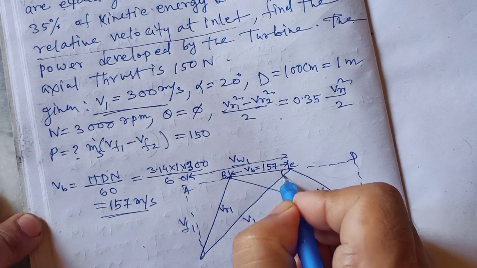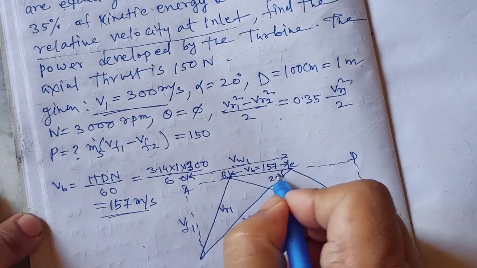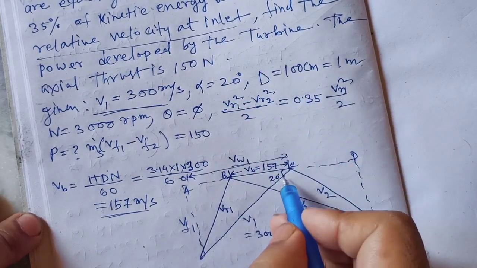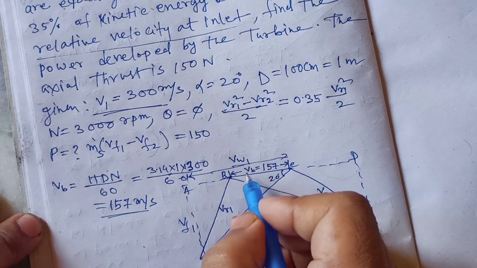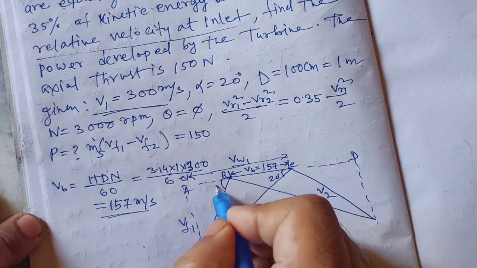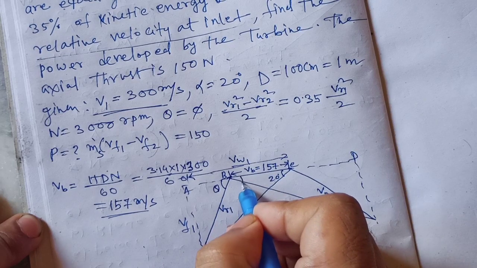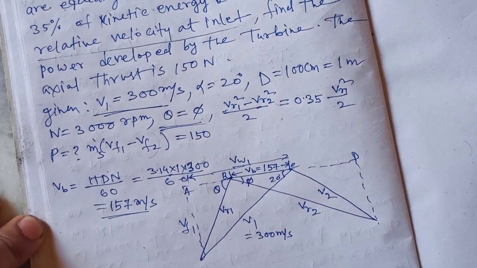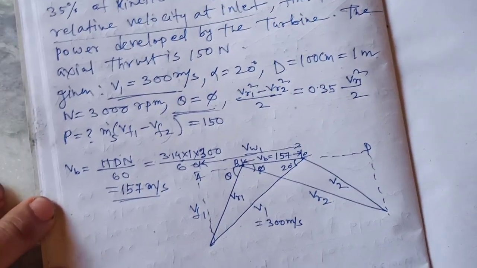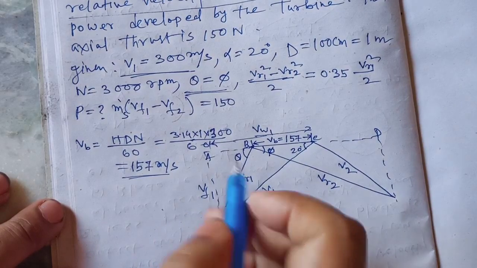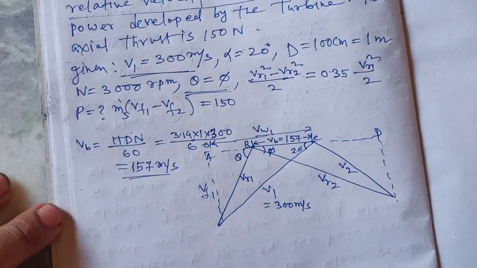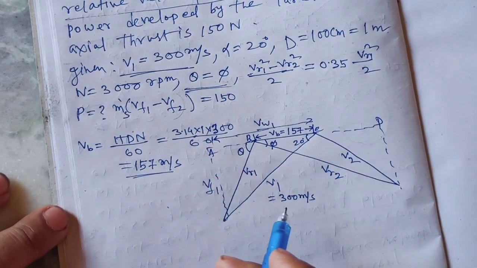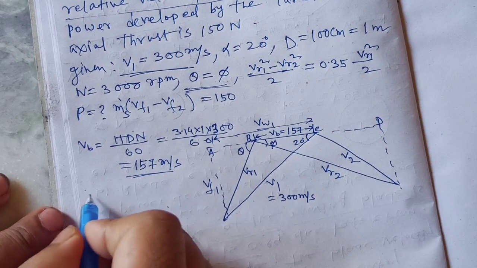Now this angle is given 20 degree. This is alpha 20 degree, and this is theta, which equals phi. Now we have to find this theta first. To find this theta, we have to find AB first.